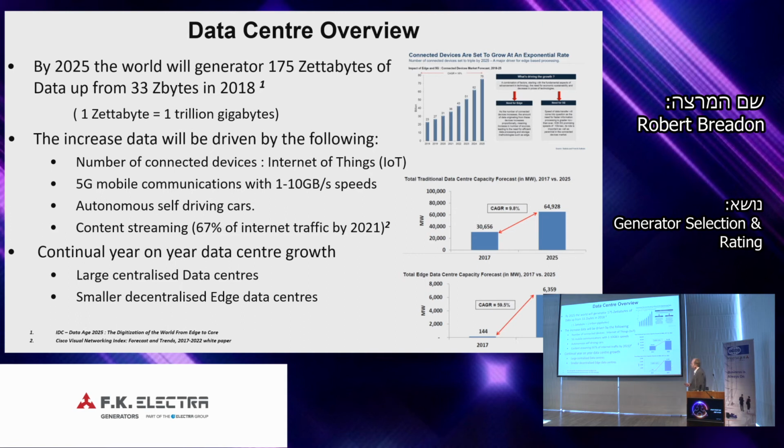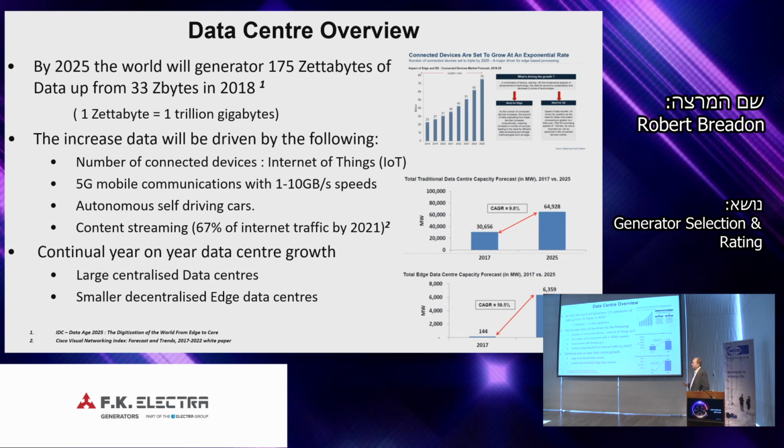Even if you think of the amount of streaming we do, they're saying by 2021, 67% of internet traffic will be content streaming. Obviously, 5G systems are coming on board, connected systems, the Internet of Things. Everything we do today requires data in some form.